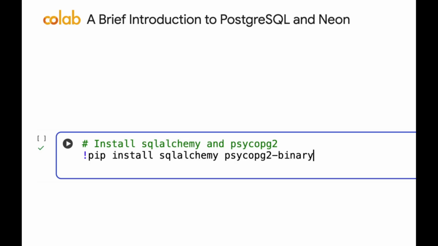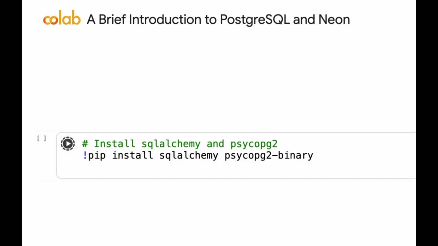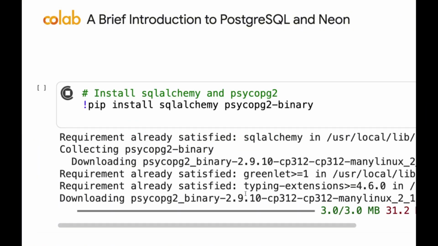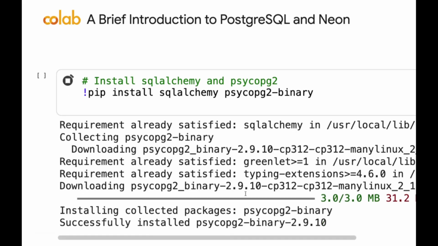I'm just using the autocomplete function, and let's see if it can be successfully installed. It takes some time, but it's actually pretty fast. It's already finished installing both libraries, which is great.